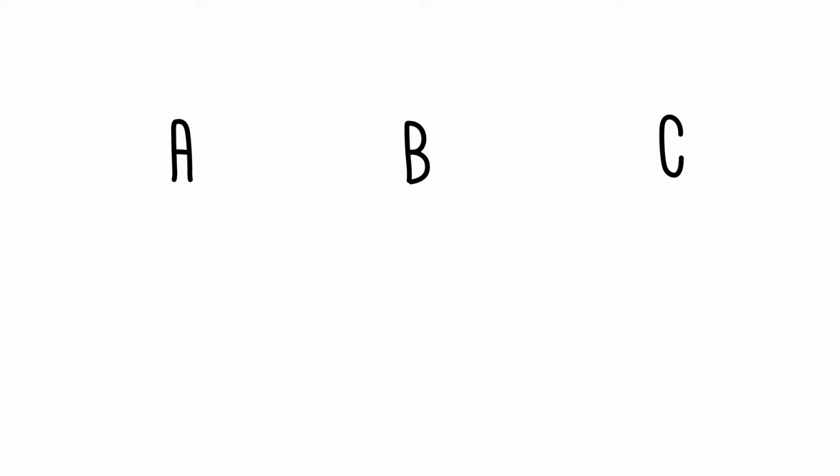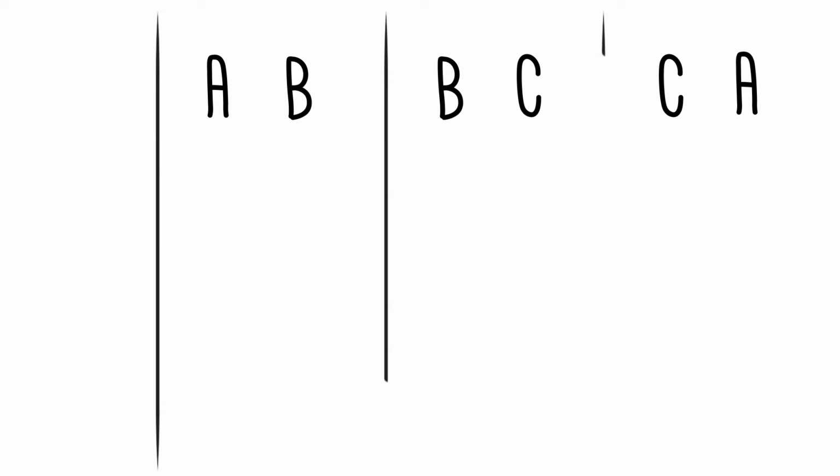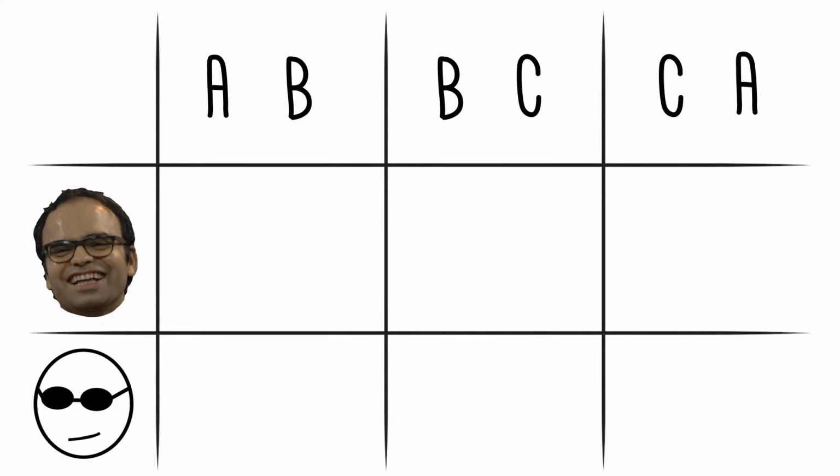The corresponding pairs would be A compared with B, B compared with C and C compared with A. These correspond to 3 different columns in our matrix. For each of these columns, we have provided values of +1 or -1.